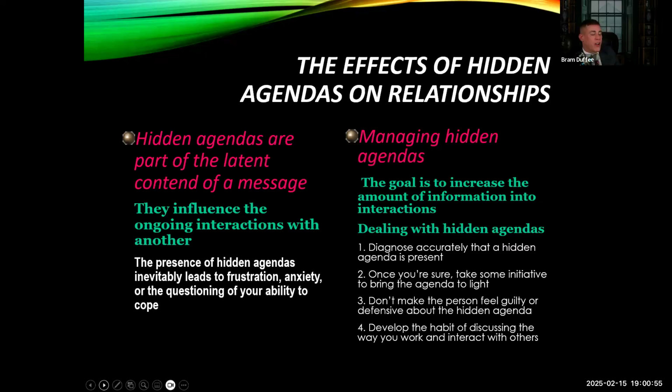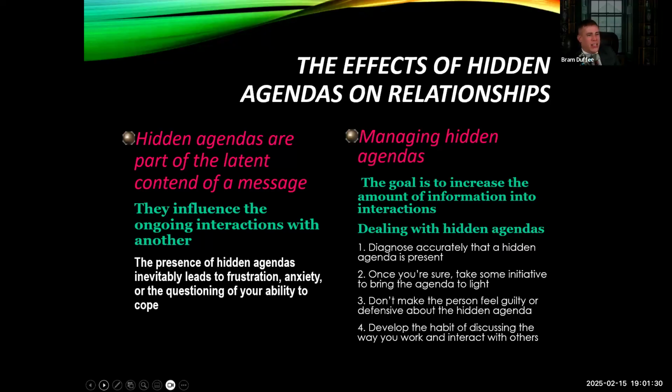The other thing is we want to foster a habit of discussing the way you work and interact. So that means that you just set clear expectations for communication, and that also can help prevent these agendas from even forming in the first place. So the ultimate goal here is that you would end up just increasing transparency in your interactions in a genuine way. And the more information that's shared openly, the less room there is for any kind of hidden motives to take root.